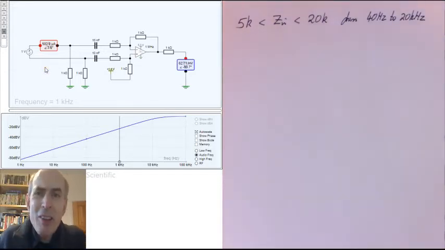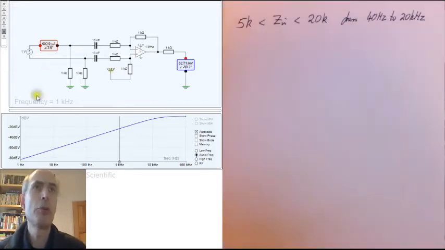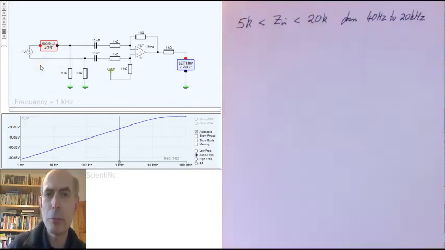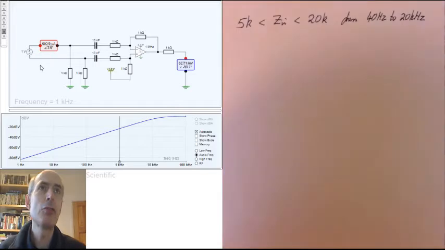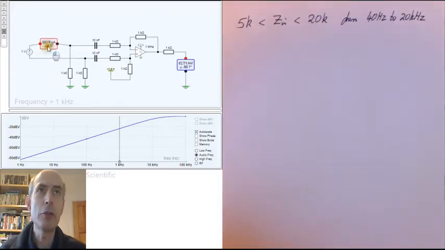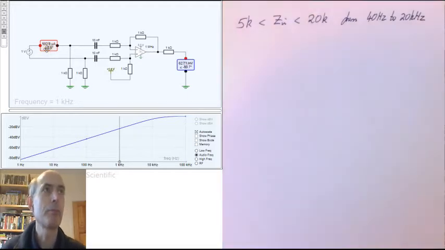So, we can't actually plot the input impedance in this simulator. Some simulators can, but this one can't. But what we can do is work out what the limits are on that current in order to meet this specification.